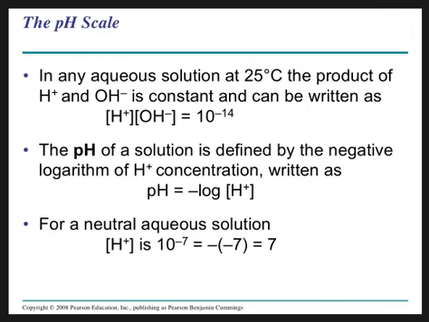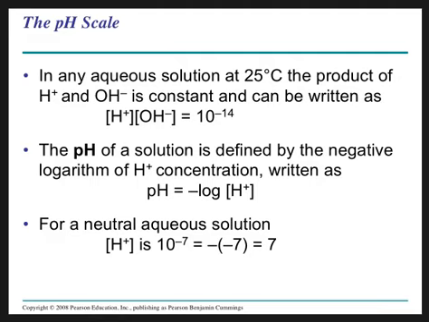Okay, so this talks about the pH scale. It talks about a negative log. What you need to grab from here is, and I'm not going to make you explain a log or even a negative log to me, but what you need to understand is that the concentration of the hydrogen ion multiplied by the concentration of the hydroxide ion will give us 10 to the negative 14.